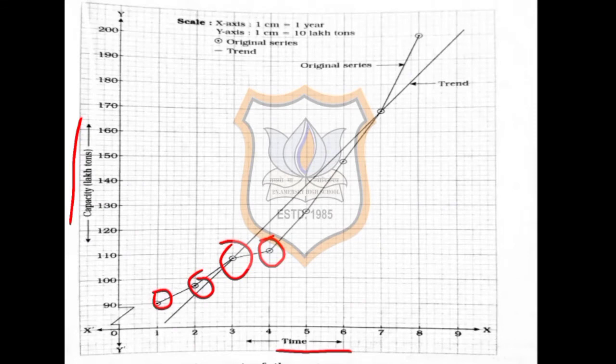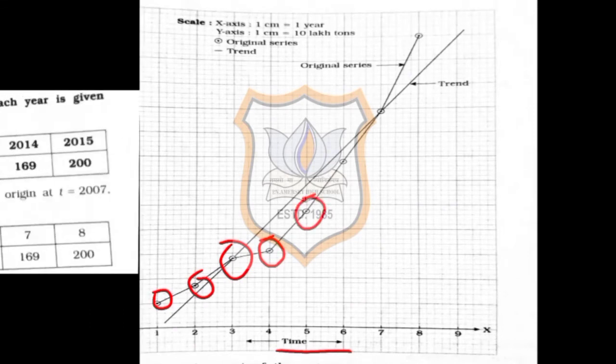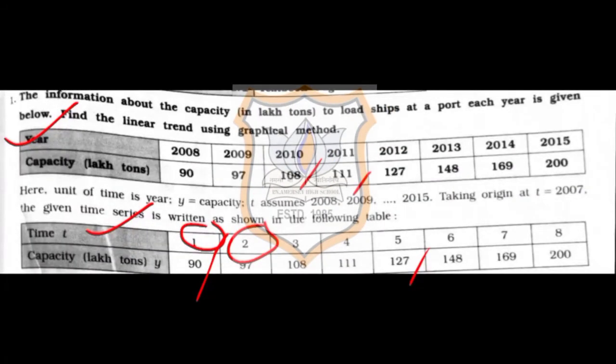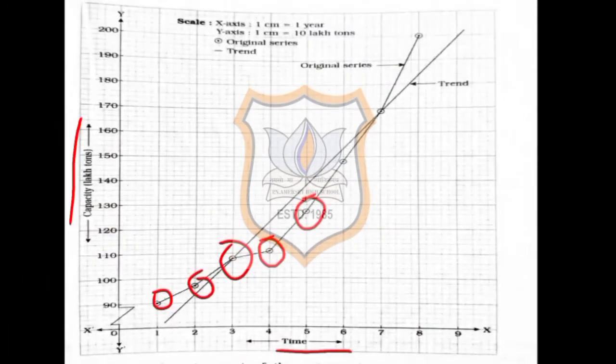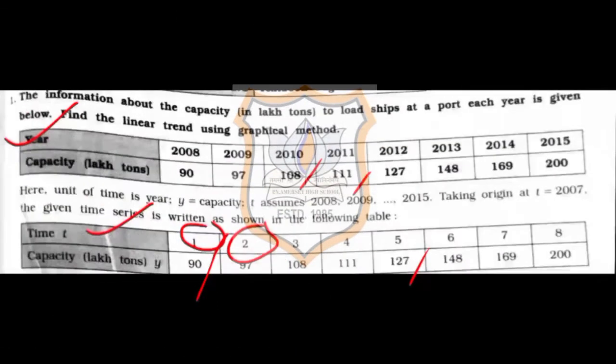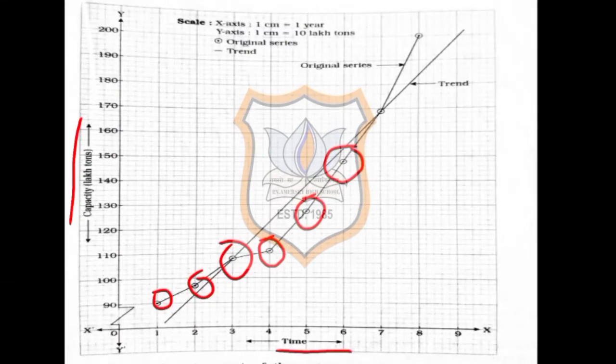So for y, this value is 127. For 6, it is 148. So for 6, this value we will plot, and that is 148. What's the next point? 7, it is 169. So this is our next point.